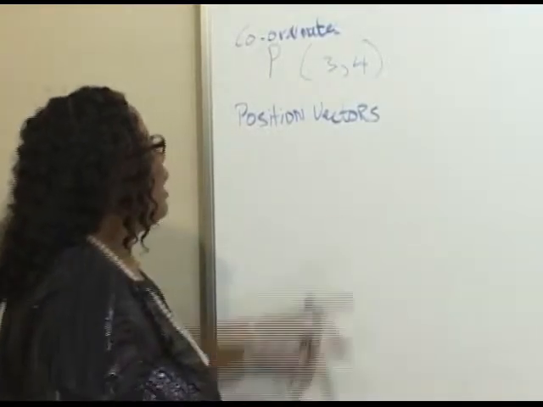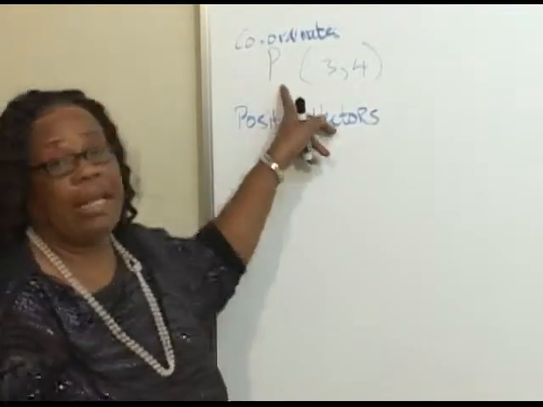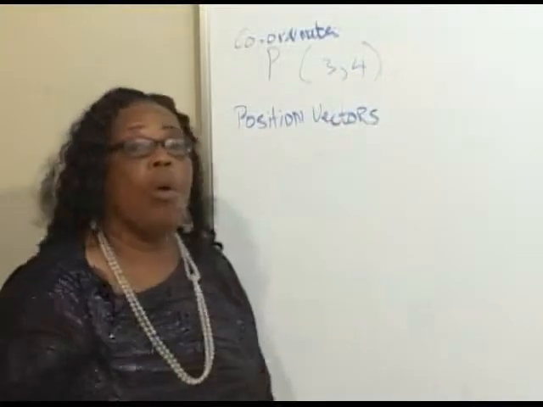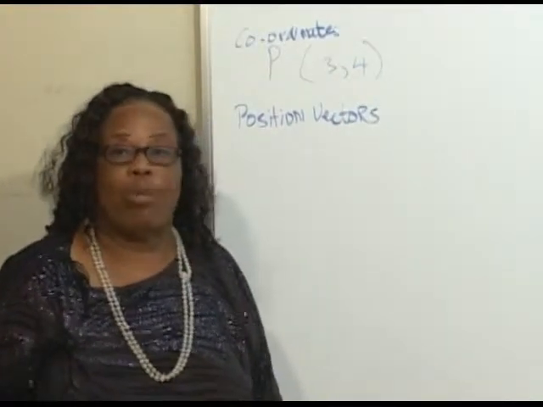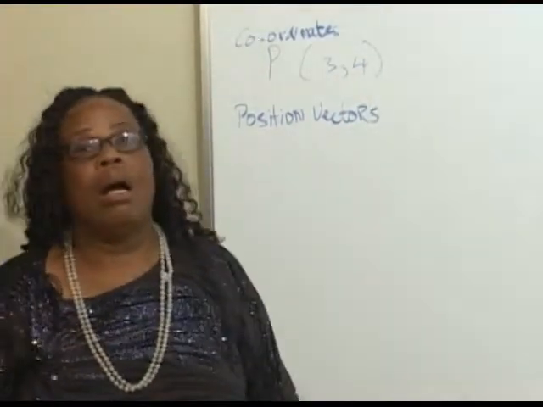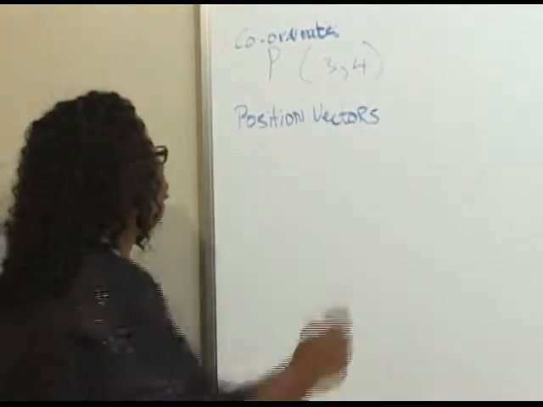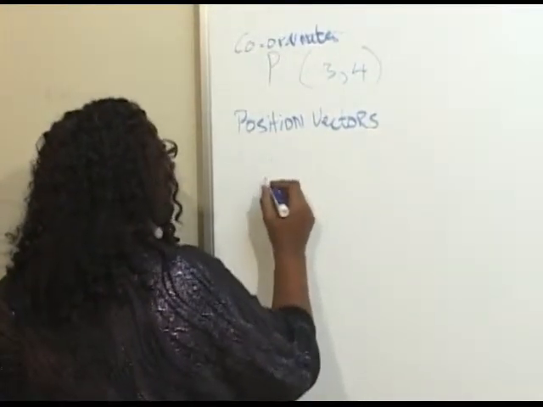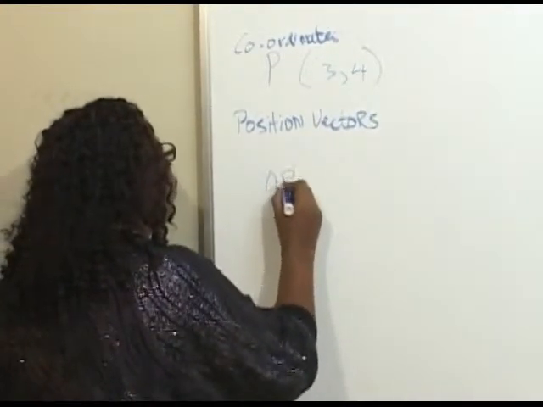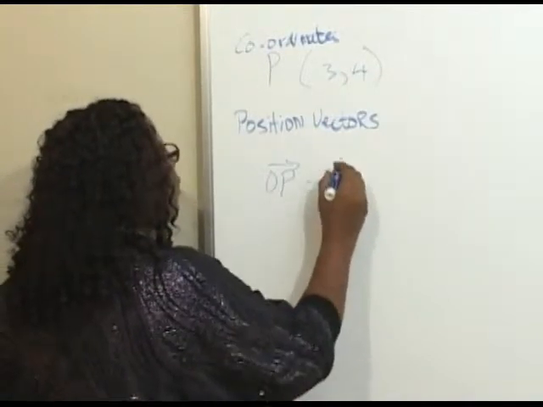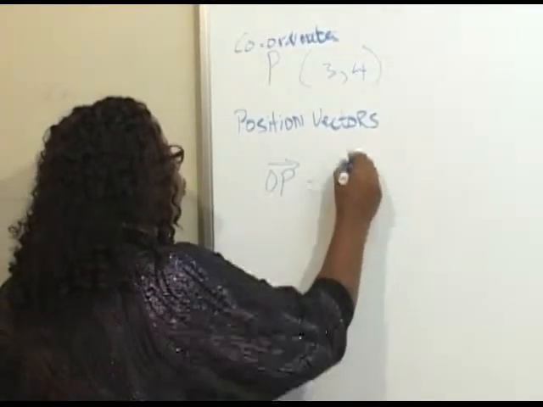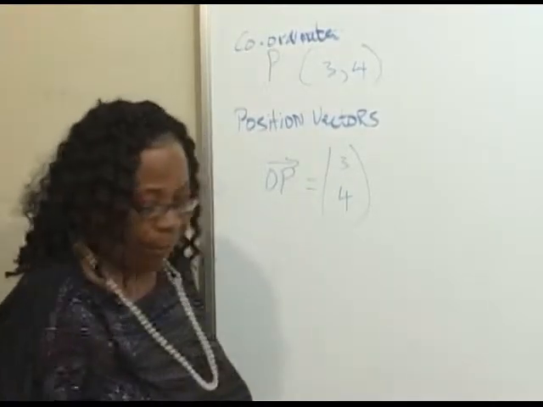And what do we say? In terms of the position vector, it comes from the coordinates, but this time we transform them into a column vector. Right, we are on the ball. So that this for us, OP, would have been equal to 3, 4, written as a column vector.